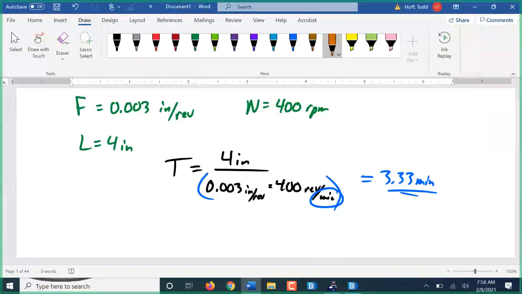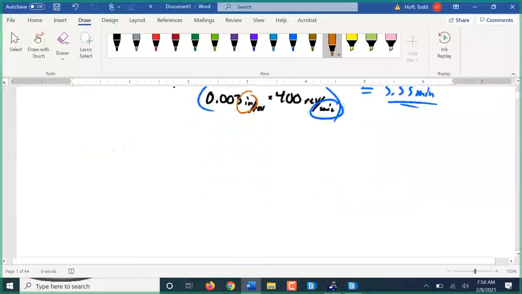The metric version of this is just whatever unit the length of your cut is, it has to be the same as your feed rate. Whether it's centimeters per revolution or millimeters per revolution, the length of your cut has to be measured in the same units. Now this can be doubled up with our other formula.